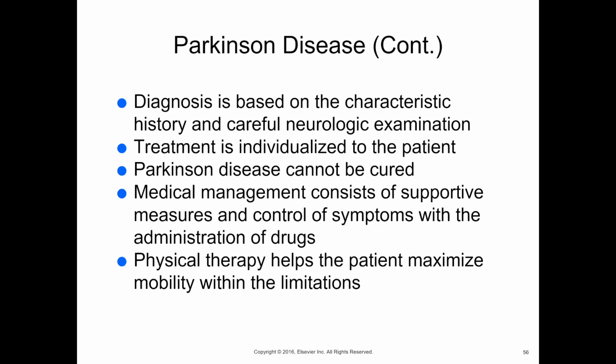There is no way to cure it, but there has been a new treatment called deep brain stimulation, where they place electrodes in the brain and provide electrical impulses to help stimulate the brain to work properly.